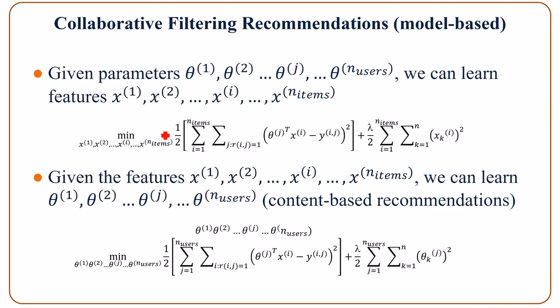So given the parameters theta 1 for user 1, theta 2 for user 2, theta j for user j, etc., we can learn the features x1 for item 1, x2 for item 2, xi for item I, etc. And if we remember, previously in the content-based recommendations, given the features x1 for item 1, x2 for item 2, etc., xi for item I, we can learn the parameters theta 1 for user 1, theta 2 for user 2, etc., theta j for user j.